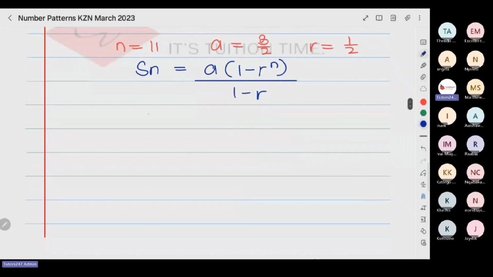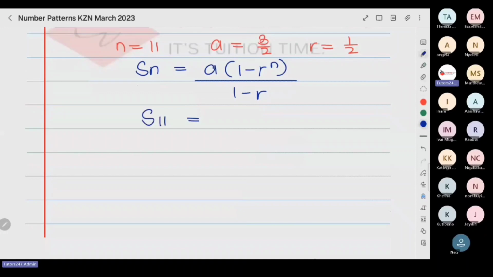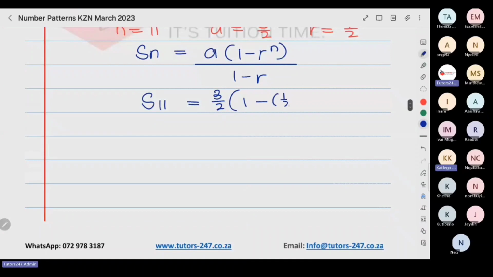So here, the sum of 11 terms is equal to 3 over 2 into 1 minus, this is going to be a half. Please be careful with all the fractions that are in this formula. And 1 minus a half. So if you struggle with putting fractions on your calculator, what I would recommend is put this top part only and then write down the answer.